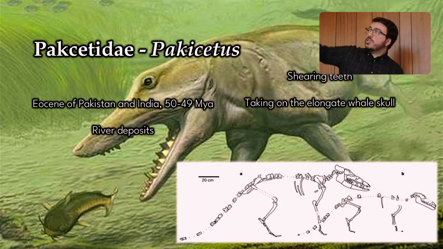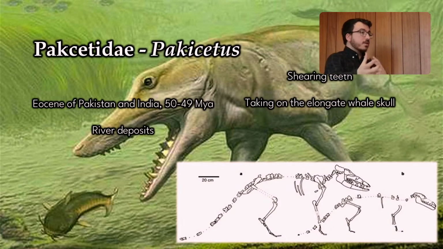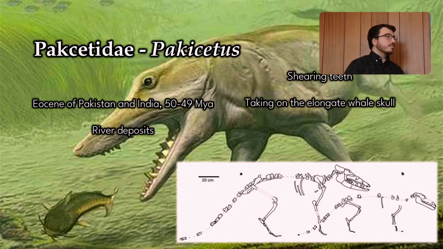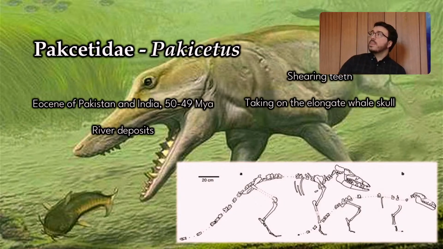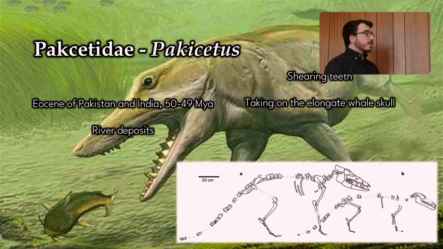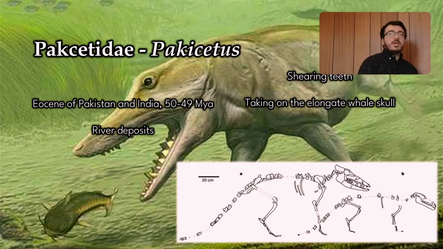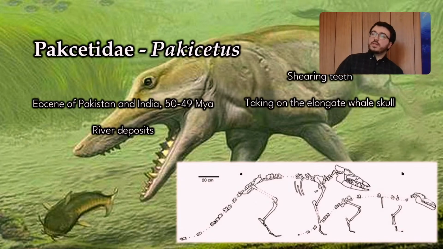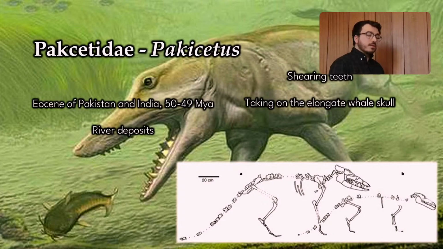However, it's got shearing teeth, and it's taken on a more elongate structure to its skull, which shows that it's actually changing the way that it's feeding to be a lot more like the typical whale.